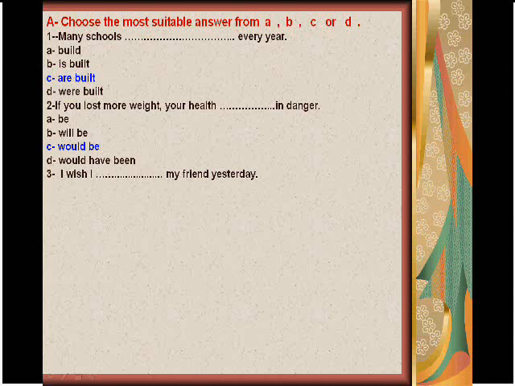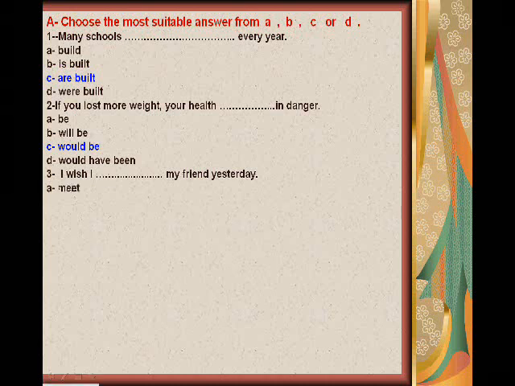Number 3. I wish I, my friend yesterday. A, meet. B, meets. C, meeting. D, had met. Of course, here when we have wish, the verb wish, which tense should we use? Okay? So again, there are some options here which you should forget totally about, okay? Of course, A is completely wrong because you have wish and because you have yesterday. So you can't say meet at all. And of course, B, meets.